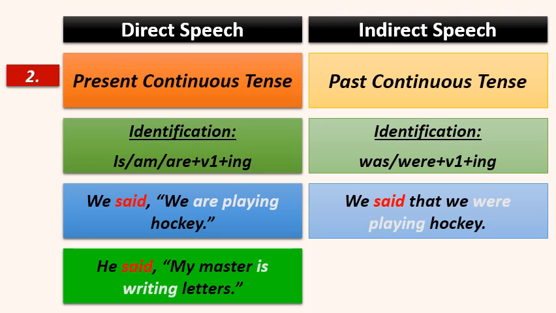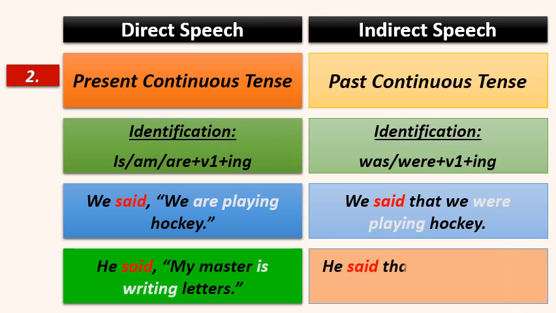So when the reporting verb is in the past tense, then the verb in the reported speech, my master is writing letters, is writing, is also changed into past tense, right? So the sentence will be, he said that his master was writing letters. So here, as you can see, is writing is converted into was writing.